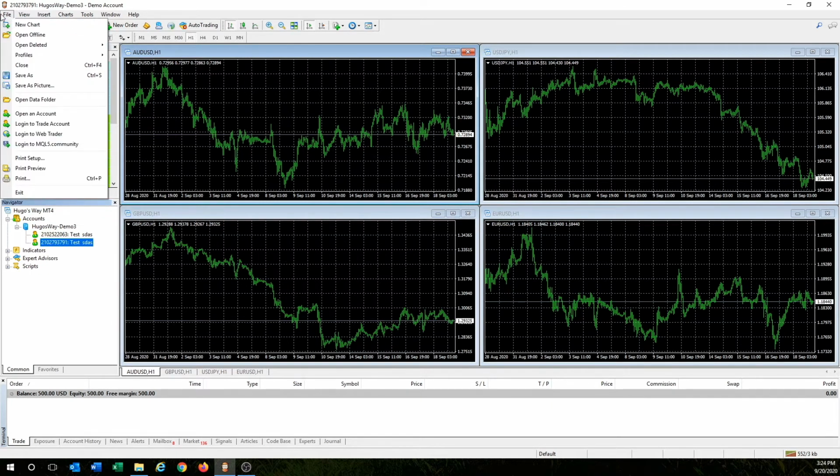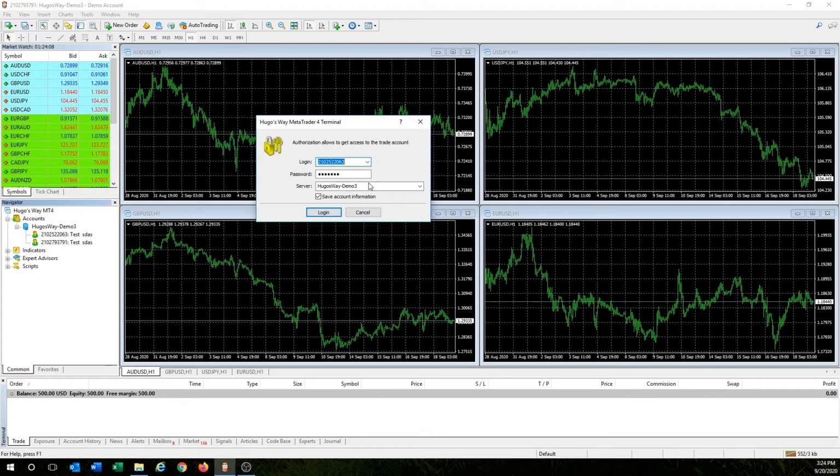It says new chart, and it also shows you how to log in, open a new account, or log into a trade account. So step one, let's make sure we're logged in. We did this last lesson, but let me make sure again. Last lesson we went to log into trade account, and then we entered our account number here, and then our password. We made sure it said Hugo's Way 3, and then we hit login.